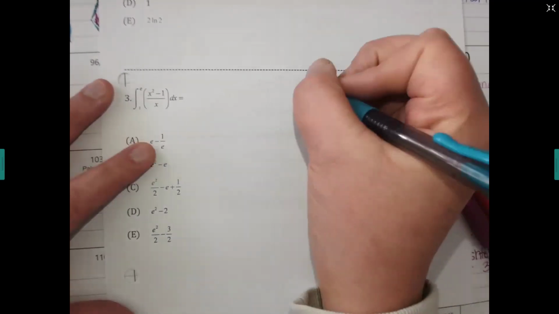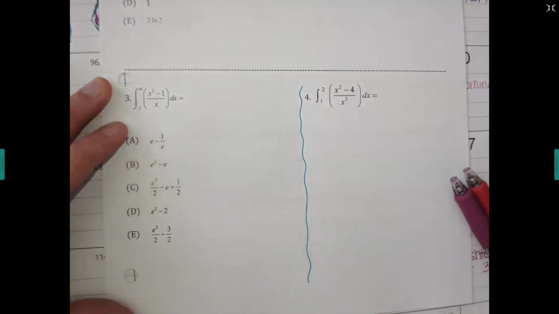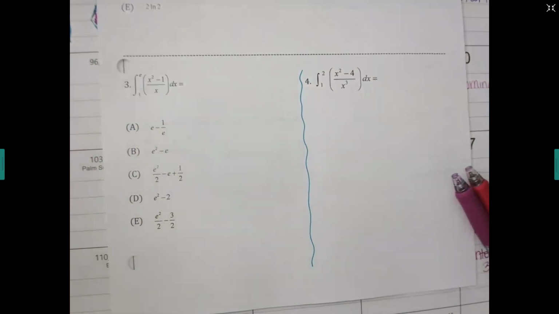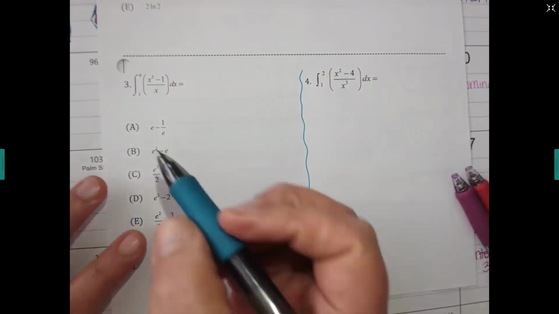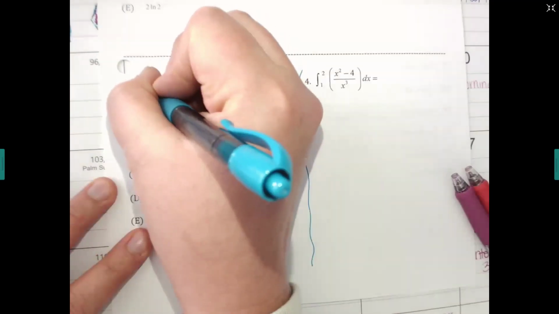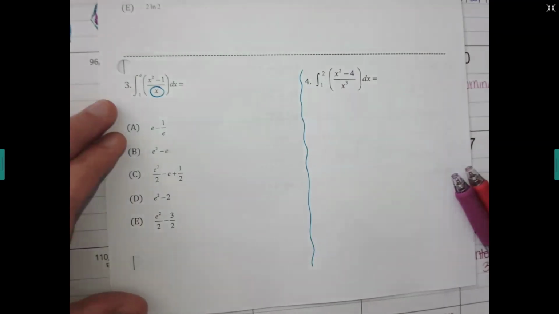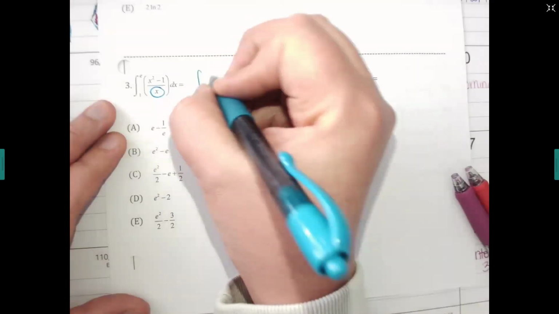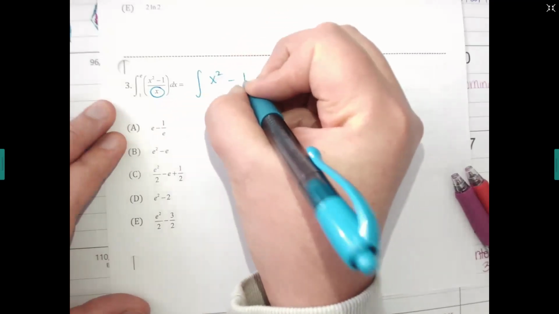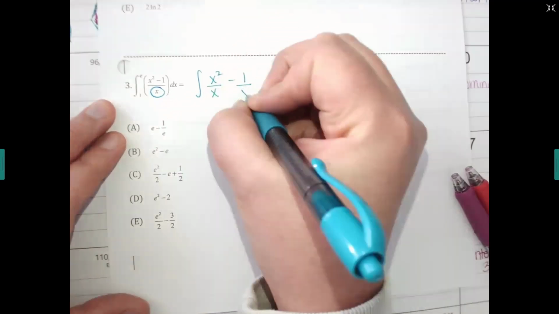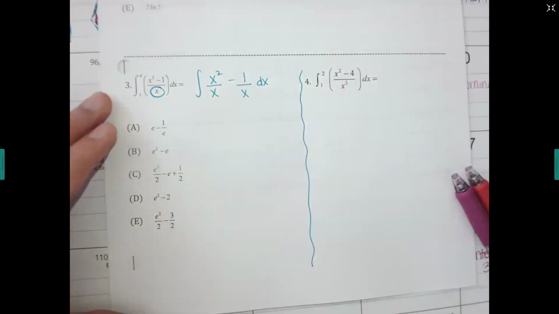You cannot do U substitution on number 3. You could try it, but it won't work. The reason why is that the U you would pick is probably the top, but then it's not inside anything. If you have just one thing on the bottom, but multiple things on top, remember that you can rewrite that as x squared minus 1 and then divide them each by x separately.